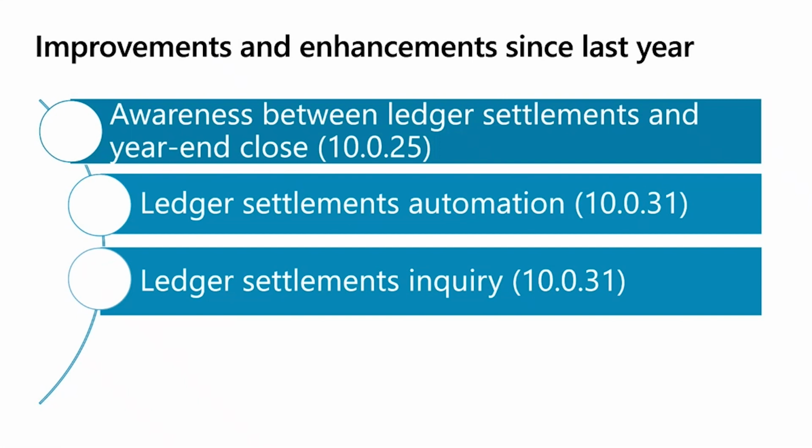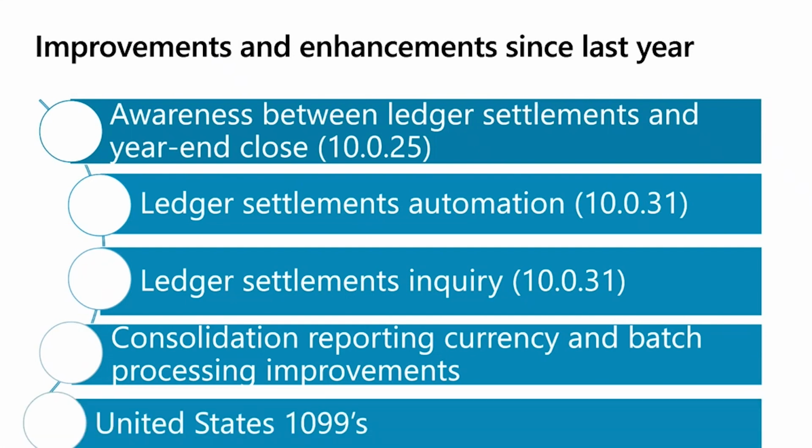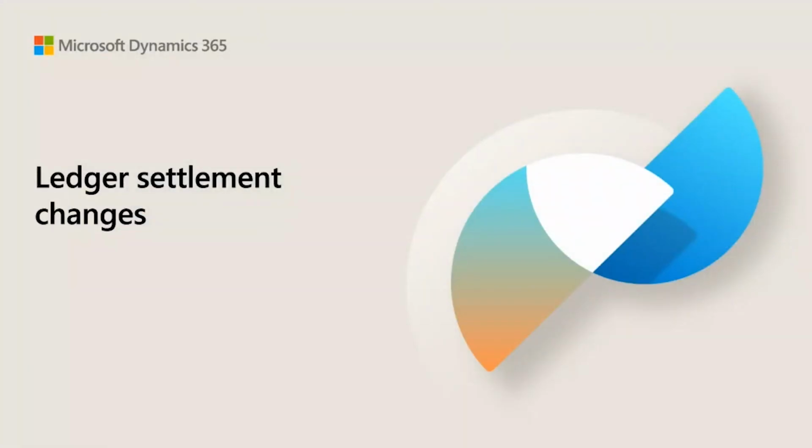And in 10.0.31, we've also introduced a new inquiry feature for ledger settlements. We'll also cover changes to the consolidation process. And for those of you that report 1099 values to the IRS in the United States, we'll overview those changes. So let's go ahead and get started with the ledger settlement changes.